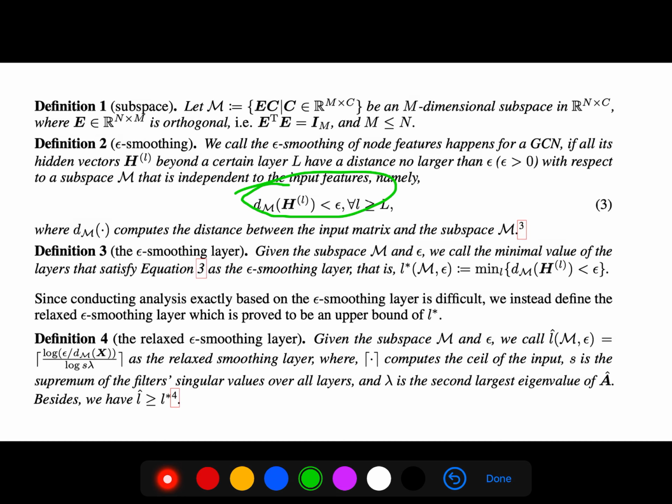Given the subspace M, we call the minimal value of the layers that satisfy this equation the epsilon smoothing layer.